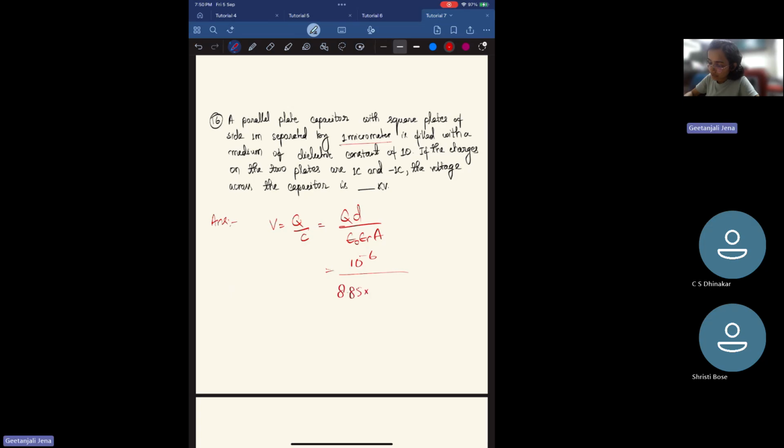This is 8.85, 10 to the power minus 12. So I think we have solved this. This is 11.29.